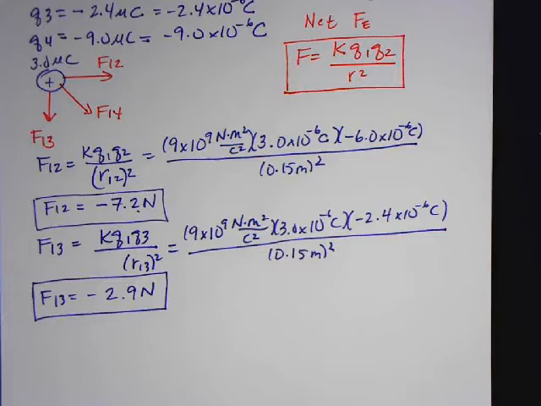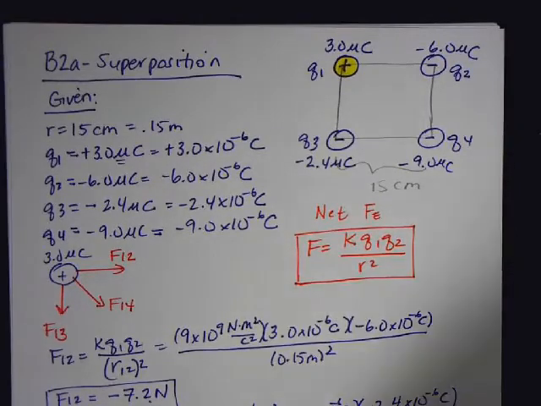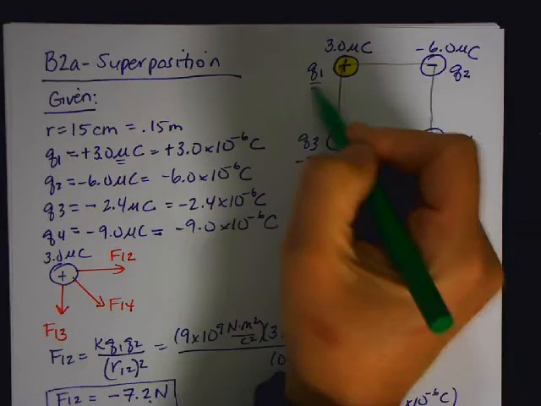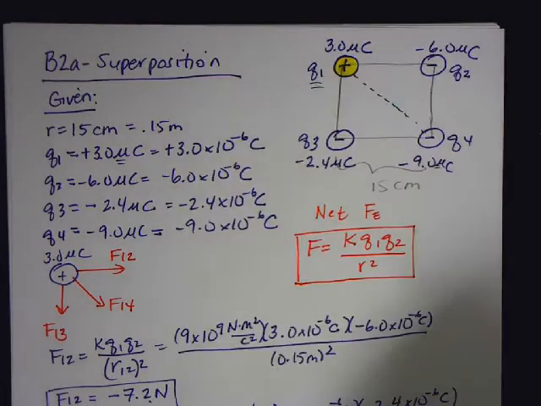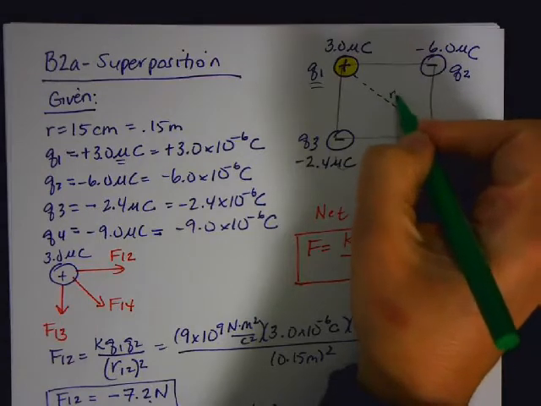Now I'm going to do this one more time because I need to find F14. Before I go on and find F14, I want you to come up here and look at the picture. The distance between Q1 and Q4 is this distance here. This is going to be R14.